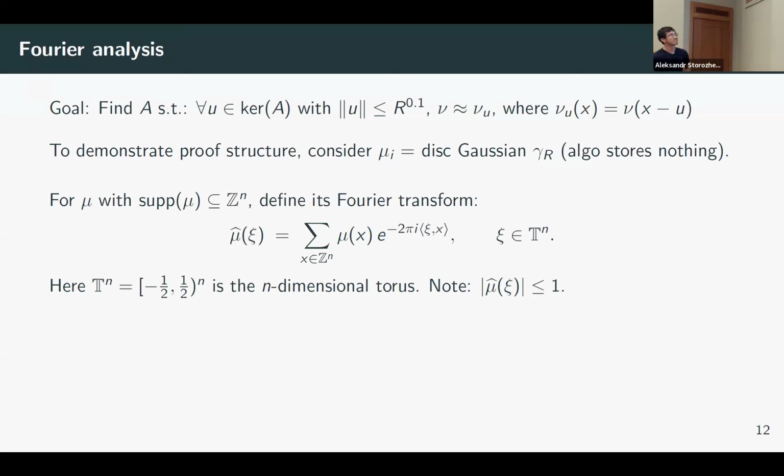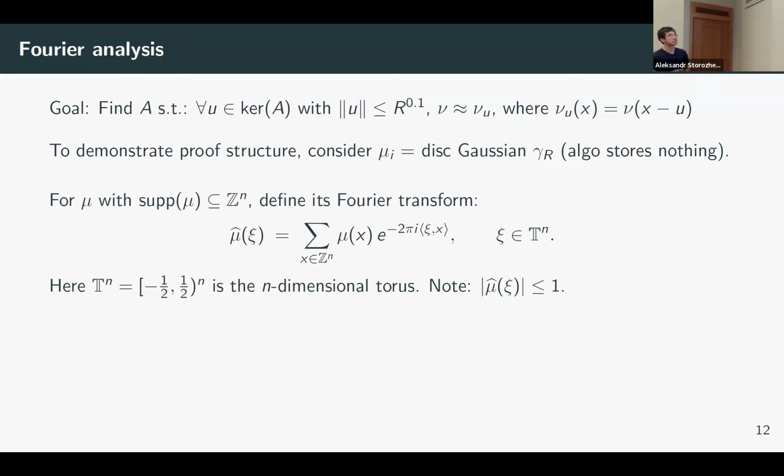Okay, so let's first define the Fourier transform. There are a few different ways depending on where we put the constants 2 pi and also minus i. The version that we use here is the one where we sum over the support of the distribution, the probability times e to the 2 pi i times the inner product.